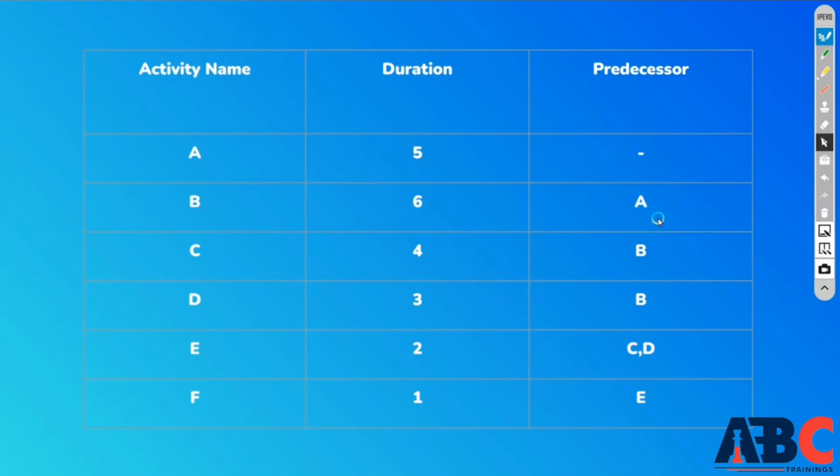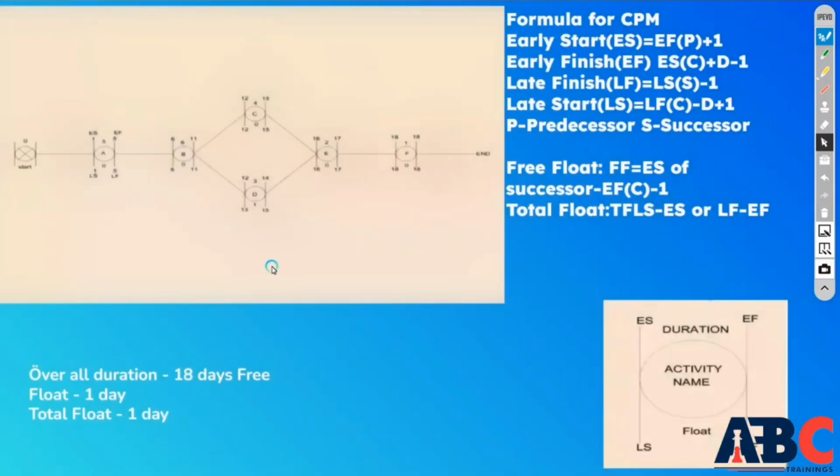For B, the predecessor is A. For C, B is the predecessor. For D, B is the predecessor. C and D are the predecessors for E, and E is the predecessor for F. So the example is made here.